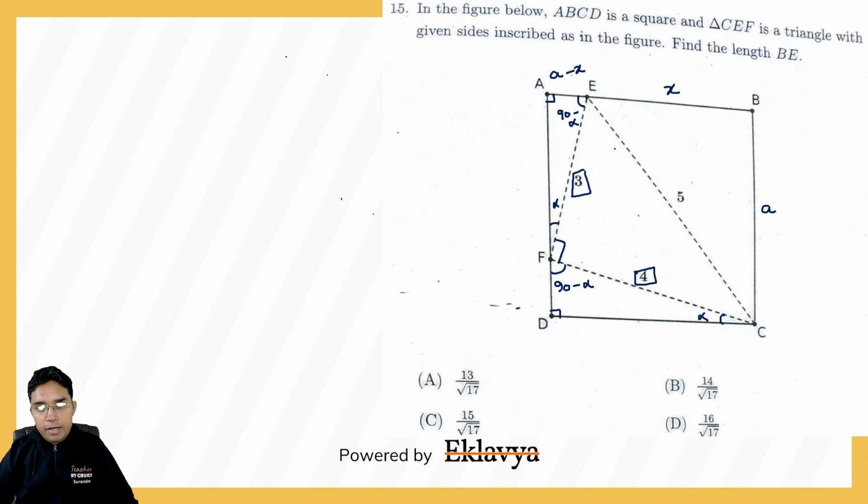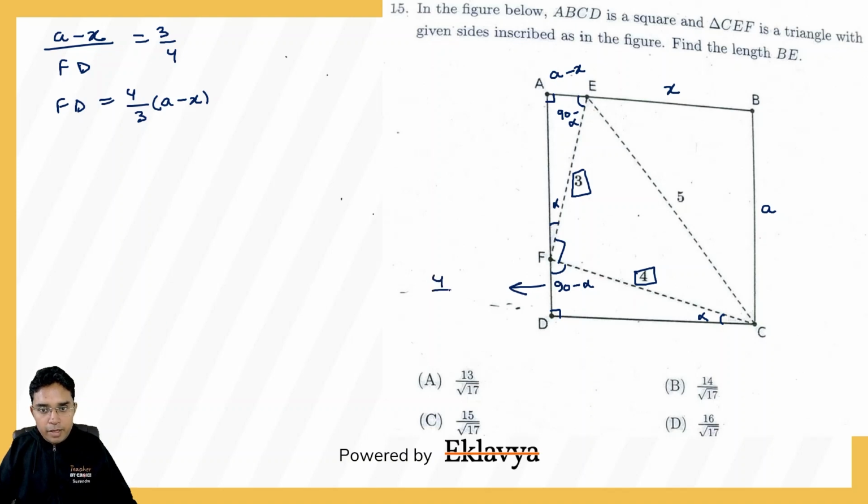Now, the side opposite to this angle alpha in triangle AEF is a minus x, whereas here it is FD, and that has to be equal to 3 by 4. So this gives us FD to be equal to 4 by 3 into (a minus x).